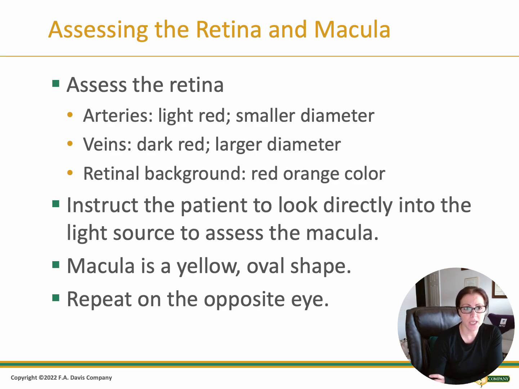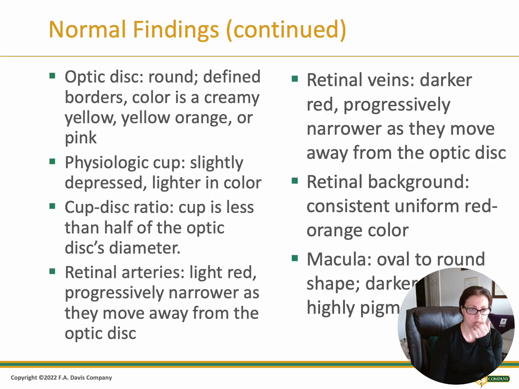When you're having the patient look into the light source of the ophthalmoscope, you'll notice the macula, and the macula will be a yellow oval shape, and you would just repeat this test on the other side. The optic disc is round, it's defined, the color is creamy yellow. The physiologic cup, which is that indentation in the middle of the optic disc, is also present, but lighter in color.